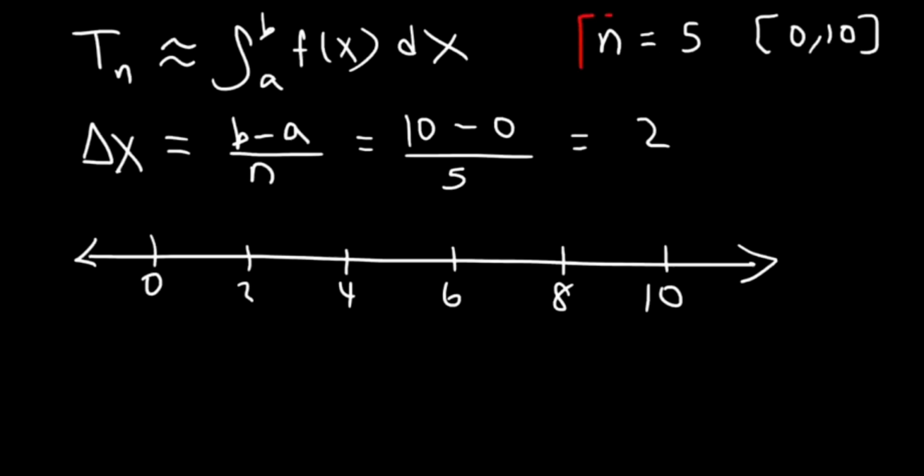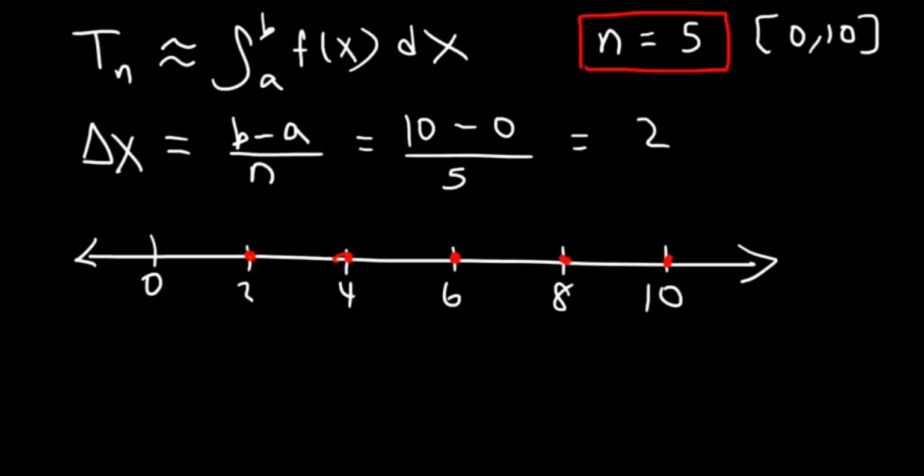So you are always going to use 5 out of 6 points if you are using the left endpoint rule, the right endpoint rule, or the midpoint rule.